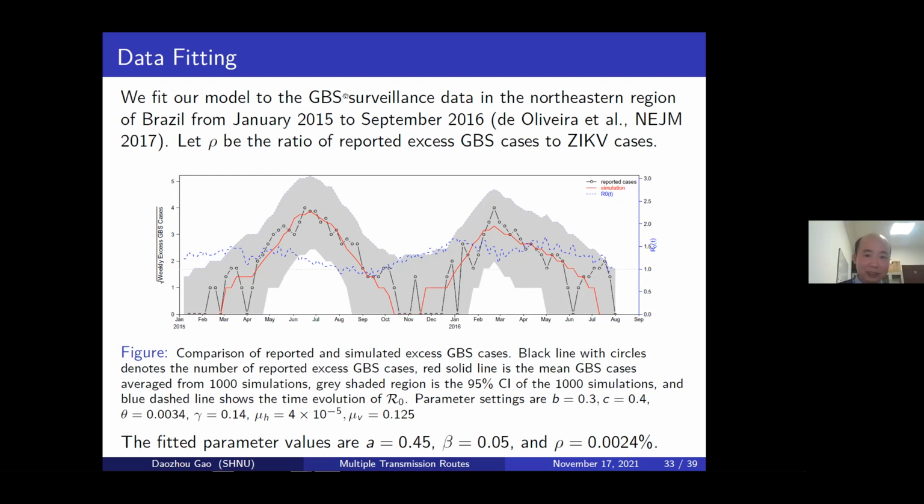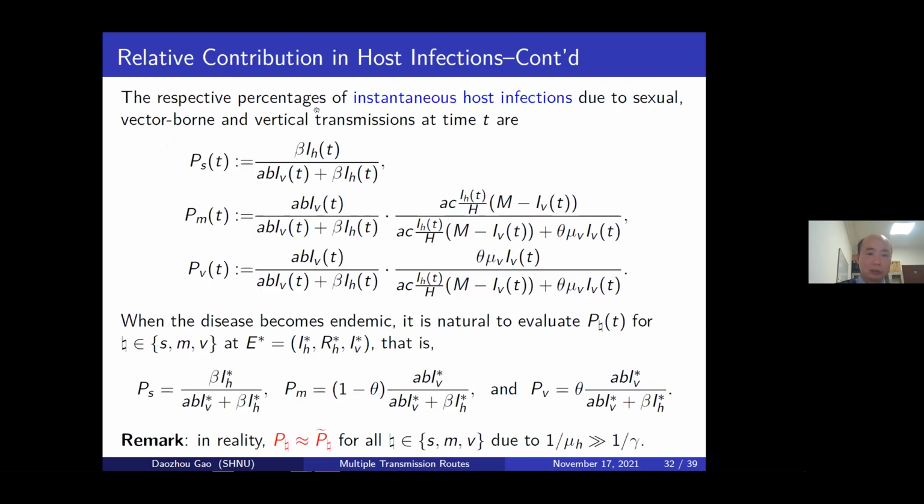Could you shed some light on the difference between the epidemic model and the endemic model? Yes, that's a good question. Here I presented two models. In part 2 I presented the epidemic model, and in part 3 I presented the endemic model. Let's go back.